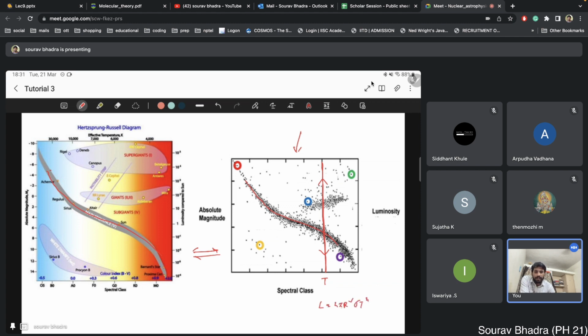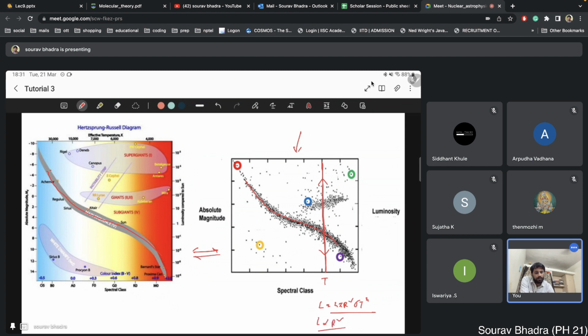You don't have to remember that this is the supergiant, this is the white dwarf; you can do it by seeing the HR diagram. If you don't know it, that is also fine. Just follow this: if I am at a particular x position, that means my T is fixed, so L is proportional to r square.